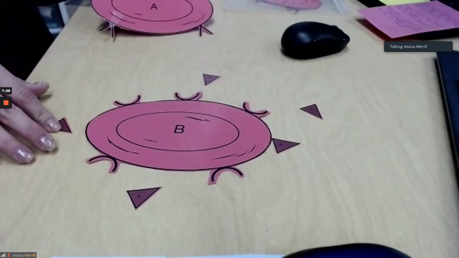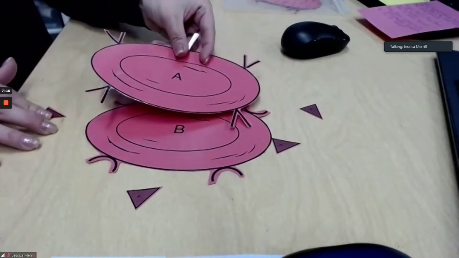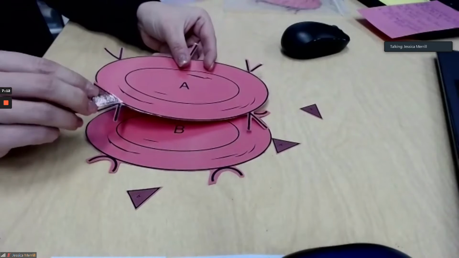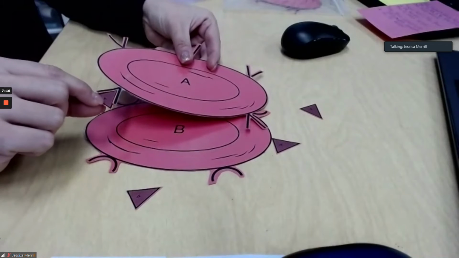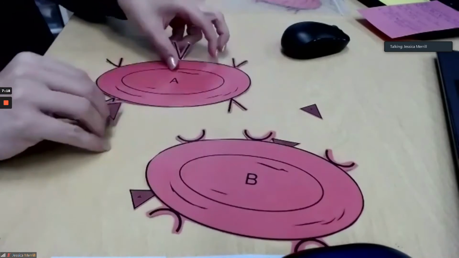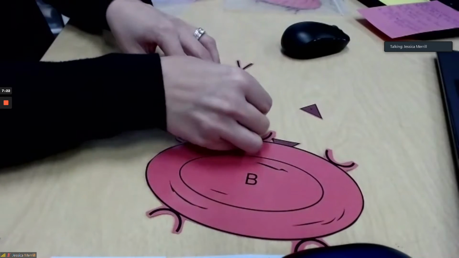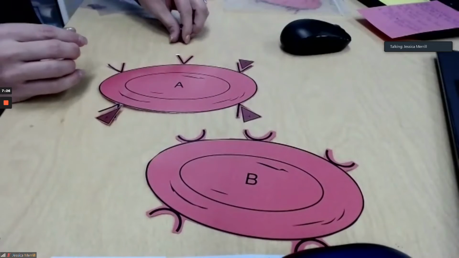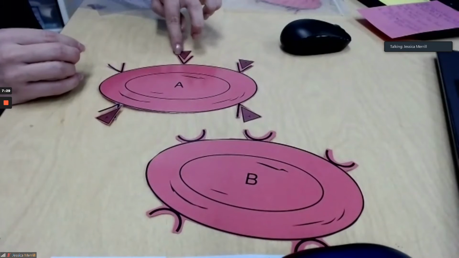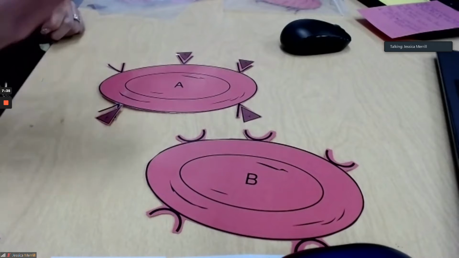Here comes my donor red blood cell, and all of a sudden, my A antibodies recognize it. They will match up, attach, and agglutinate, or what we say, clot. So we can see that that is not going to be a good donor blood for B.